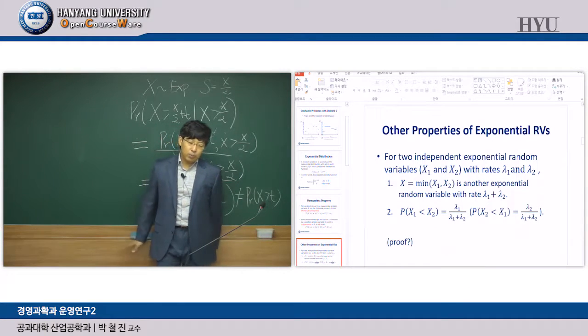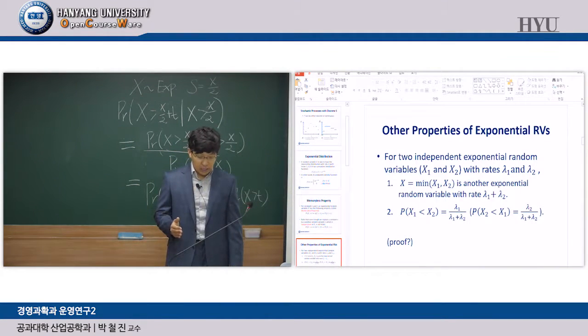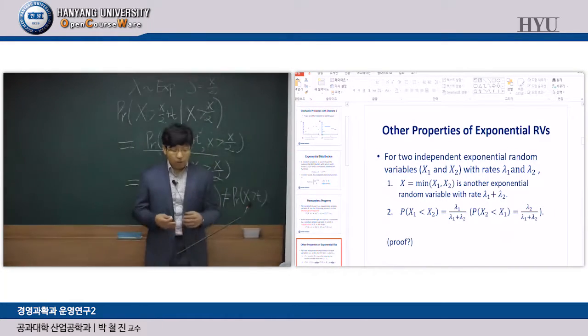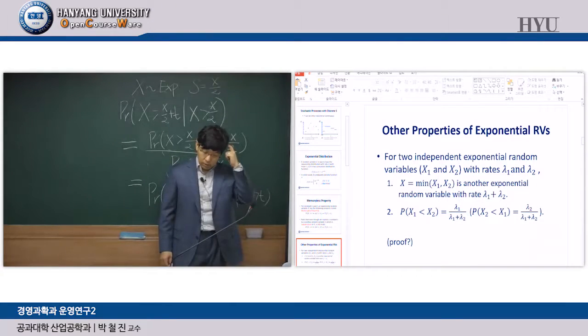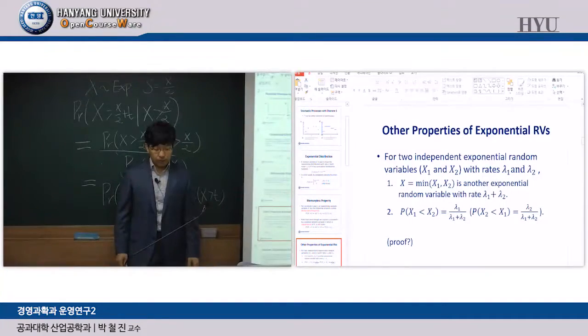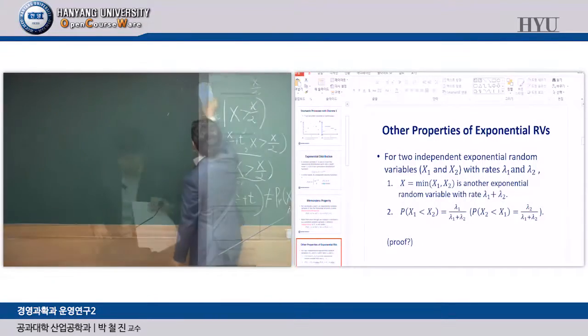And the first property is about a new random variable X, which is the minimum of X1 and X2. Then what is the distribution of X, and what is the parameter? The result is that X is another exponential random variable, and the rate is lambda 1 plus lambda 2. And I would like to explain why this is true.